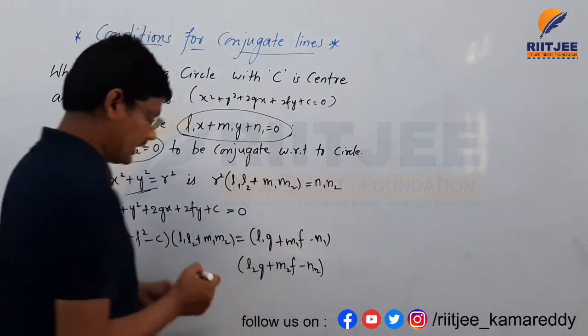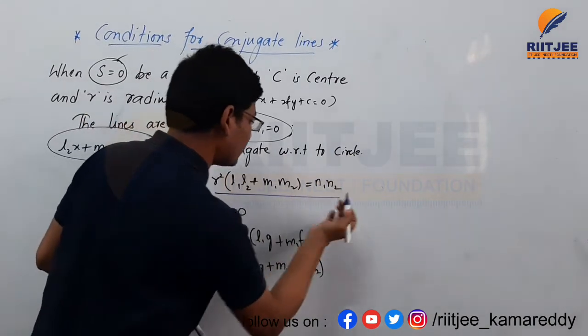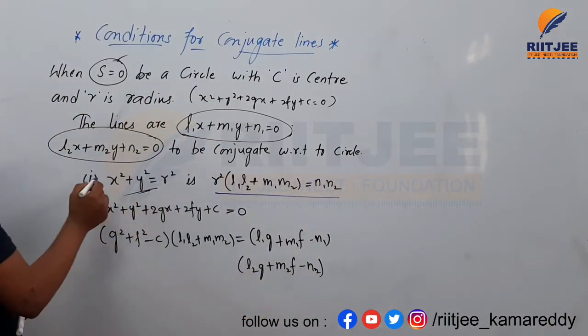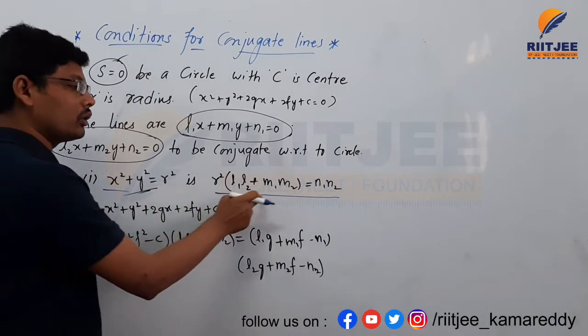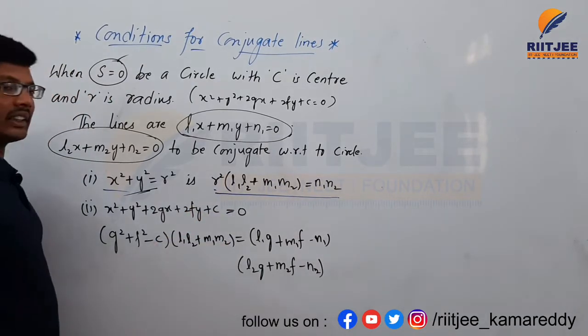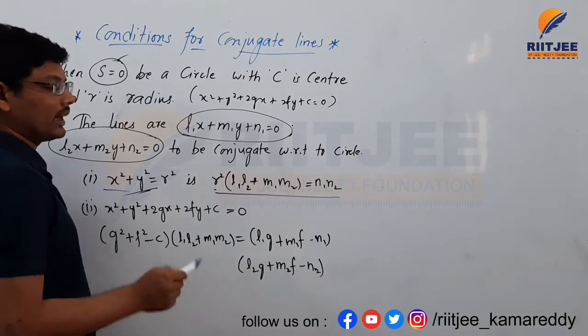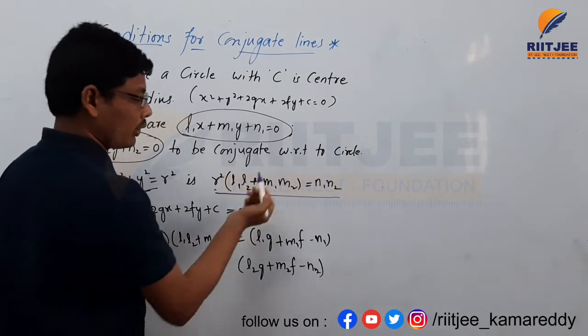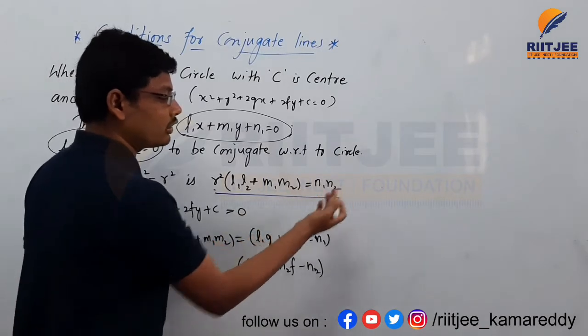This is the condition for conjugate lines when the circle is in standard form: R square of L1 L2 plus M1 M2 is equal to N1 N2, where R is the radius of the circle, L1 L2 are coefficients of x of the two lines, two polars here, and M1 M2 are coefficients of y, N1 N2 are constants.